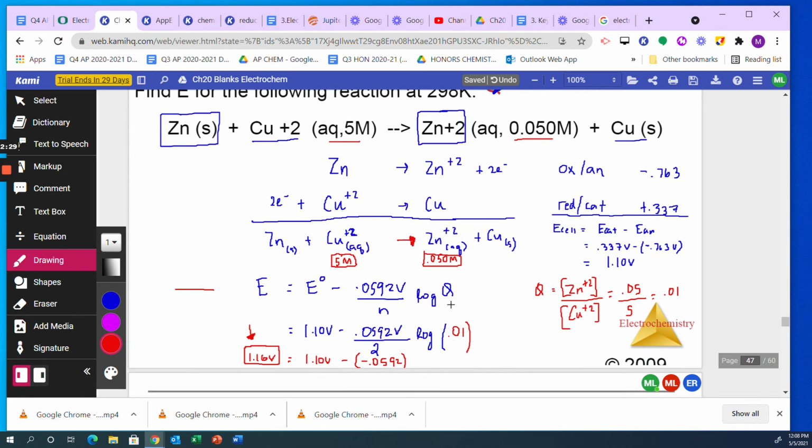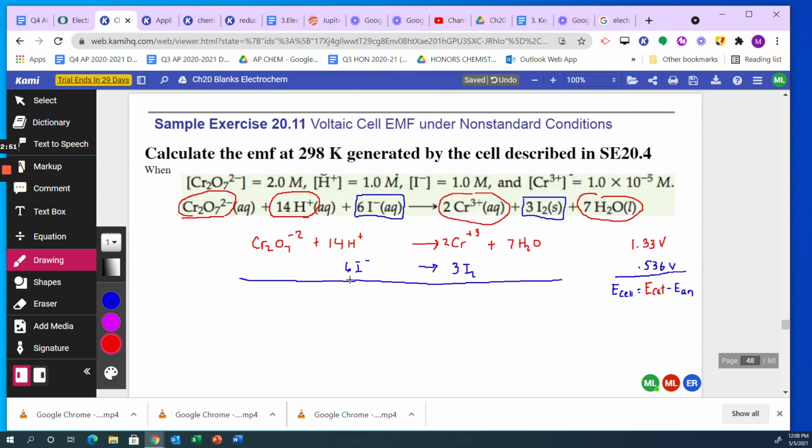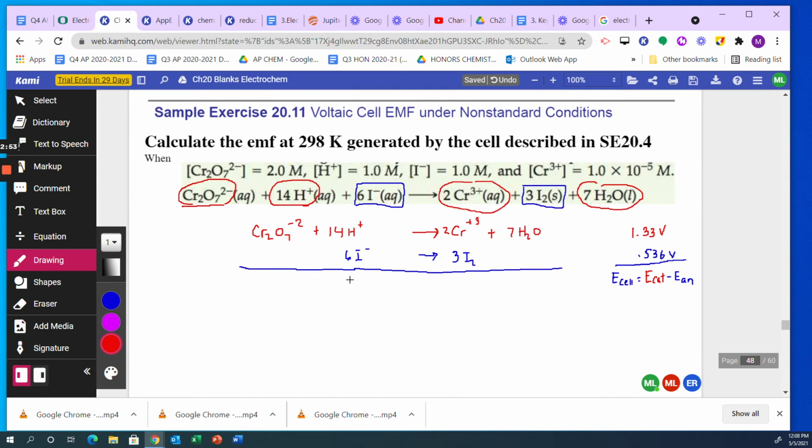If you did that numerically, this is a decimal. The log of a decimal is a negative number, right here, and negative makes a positive, which increases the voltage. As a chemist, you should know that if you increase the amount of reactants, you can make your battery more powerful. So that was example 20.11, and here is another example.